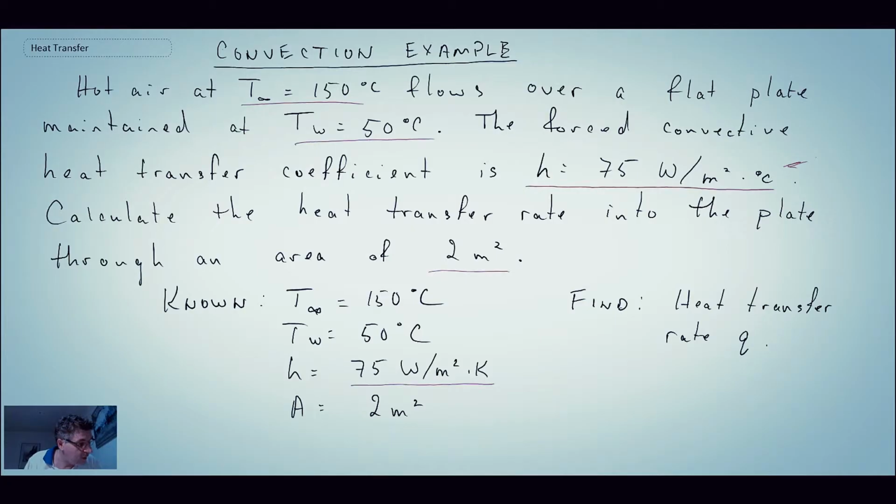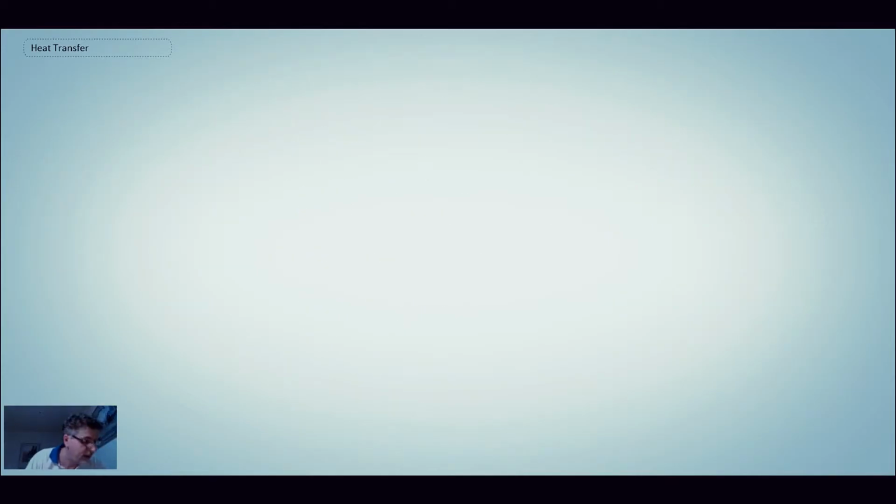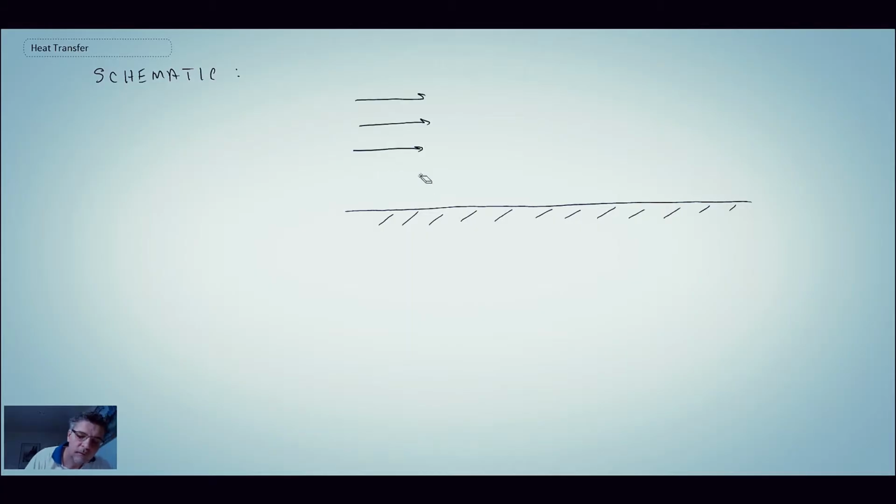All right, so we are going to begin by writing out a schematic. Okay, so we have fluid flowing over a wall. We have no information about the boundary layer, so we'll just draw it as being free stream temperature T infinity coming over the wall.